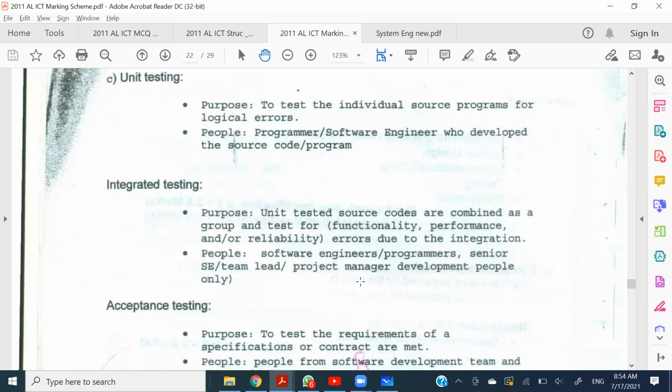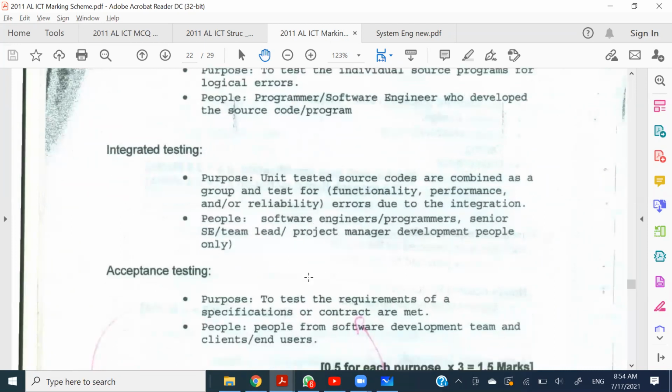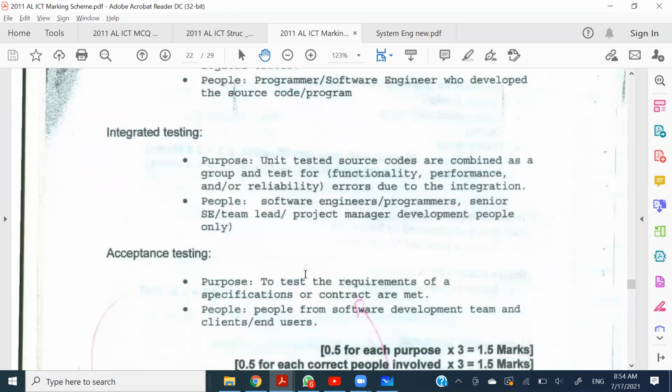And after the integration testing, we normally do the system testing, right? They haven't asked about that. So system testing, in most of the cases, is going to be a white box test, right? So again, project managers, senior software engineers, team leads, those people can be there, right? And when it comes to the acceptance testing, it's the client, right?